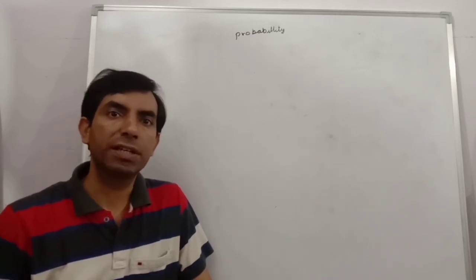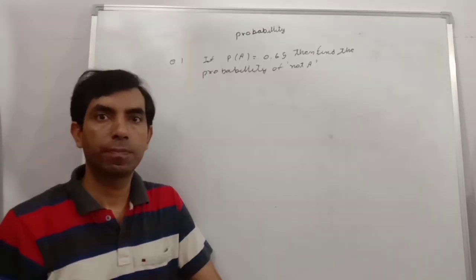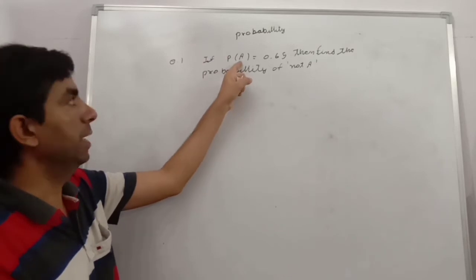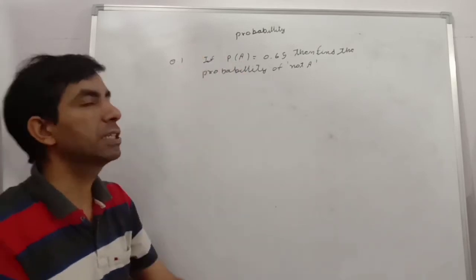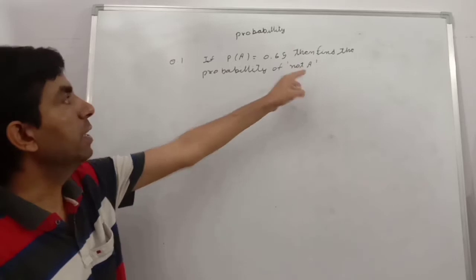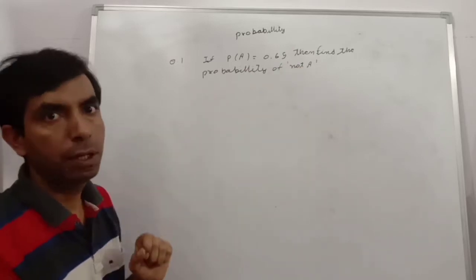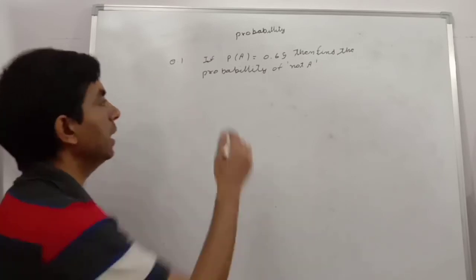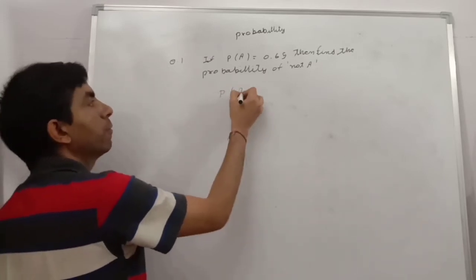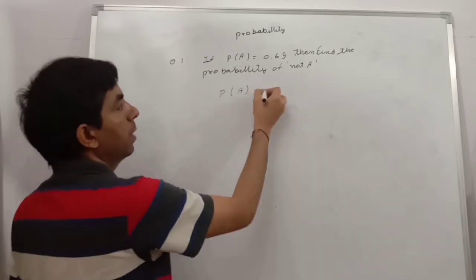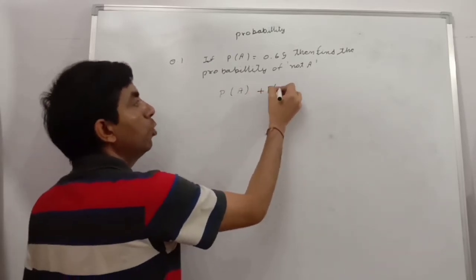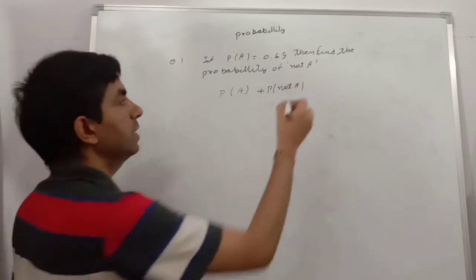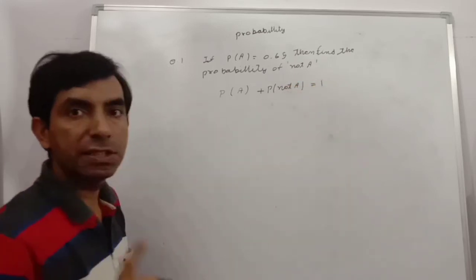So let's take today's first question. Here we are given that for any event A, the probability is 0.65. Then we have to find the probability of not A. In the previous video, we learned that for any event, the probability of the event and the probability of not the event sum to always 1.